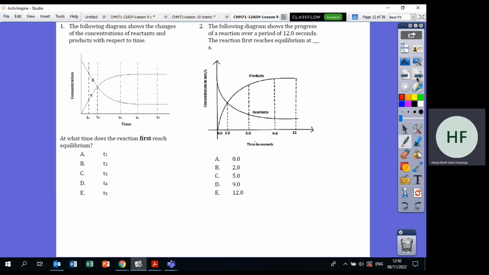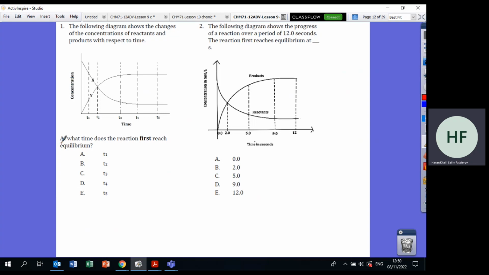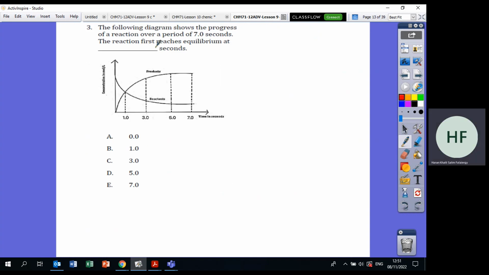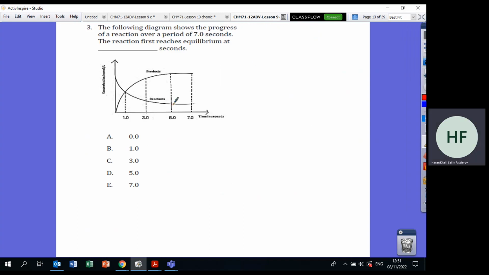Now this is a question in your topic questions. The question is, at what time does the reaction first reach equilibrium? Of course, when the reactants and products become constant, I think it is after T4. Now here also, when does the reaction reach equilibrium? I think it is at 9. Now again, when does the reaction reach equilibrium? At 5.